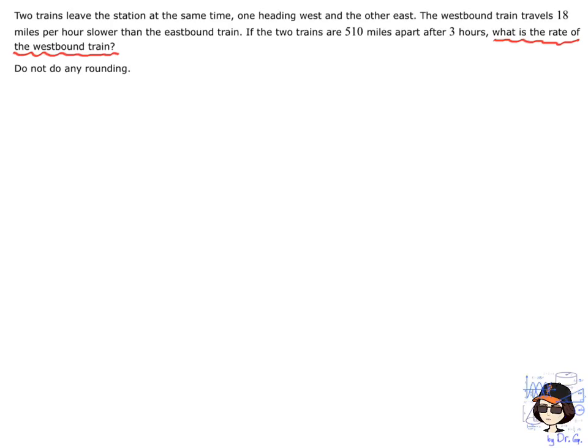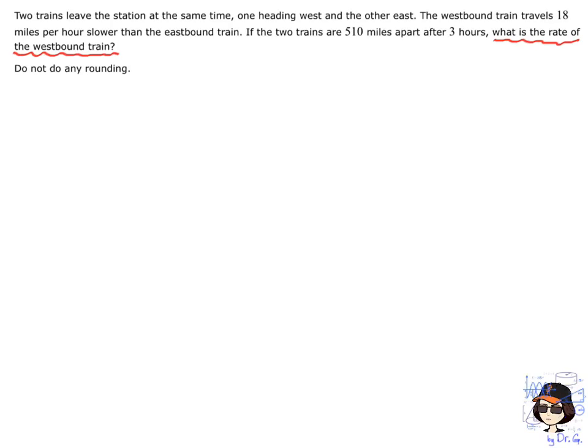And this westbound train has two numbers associated with it, right? It's got the distance that it's traveled, which we don't know, it's an unknown, and it's got the rate, the speed, which is another unknown. So if you just wrote down X equals westbound train, you would not receive credit for that, okay?